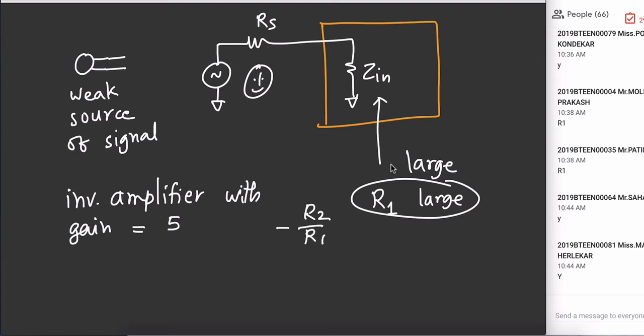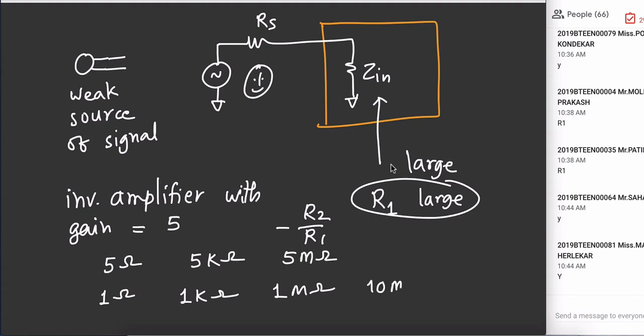Now this much gain you can get with resistors 1 ohm and 5 ohm, 1 kilo ohm and 5 kilo ohm, 1 mega ohm and 5 mega ohm, 10 mega ohm and 50 mega ohm. All these pairs will result in gain equal to 5. Yes or no?